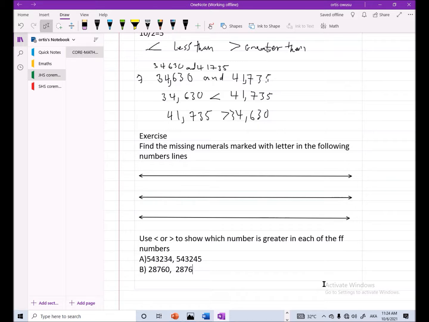Okay, we go to C. Let's have this: 3767596 and 3676596. All right.